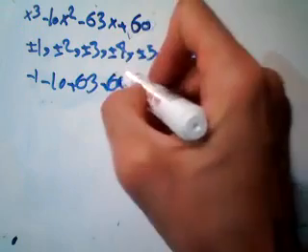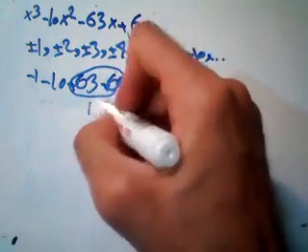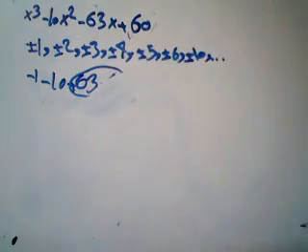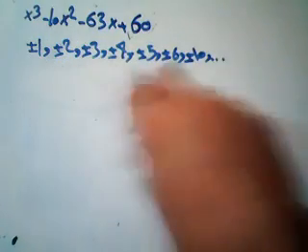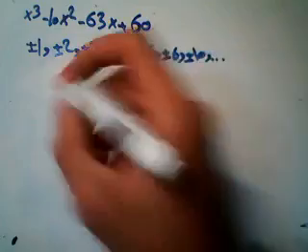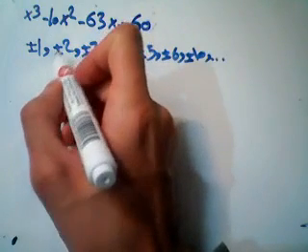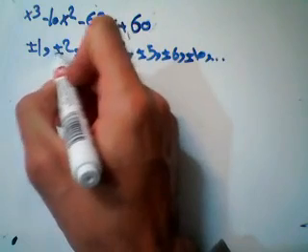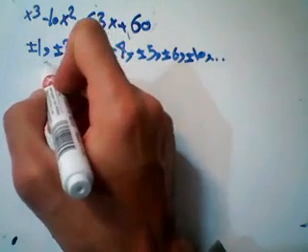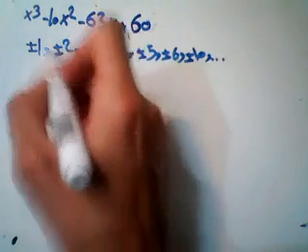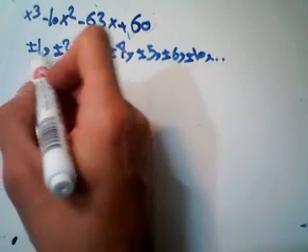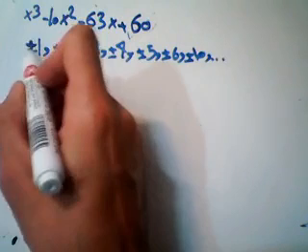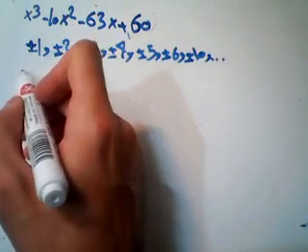This is not 0, this is non-zero also. And let's do the calculation by the method I gave you in the previous video instead of the substitution with plus or minus 1.